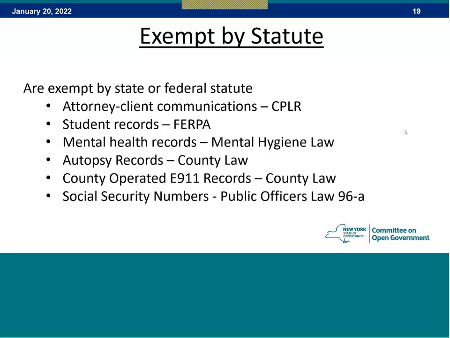There's a provision relating to the attorney-client privilege, and there's a provision that relates to attorney work product. So sometimes if someone makes a FOIL request for communications, for example, between the town board and the town attorney, and those communications involve requests for legal advice and the provision of legal advice, an agency is going to be permitted to withhold those records because they're exempt by state statute.